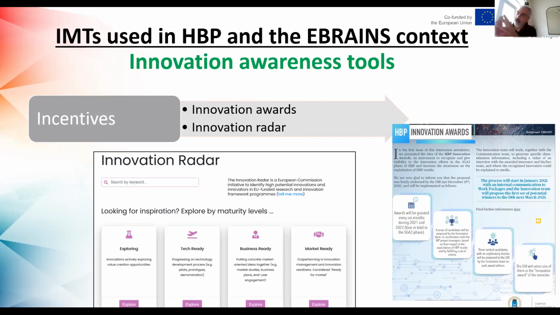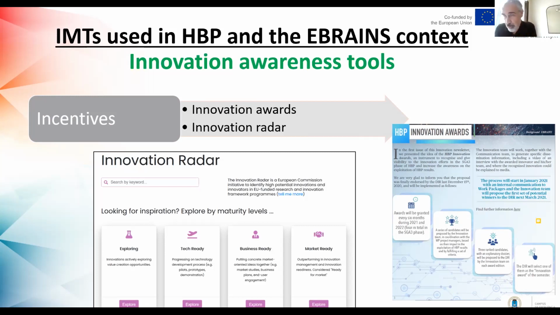Another kind of incentive that we have in HBP, not only in HBP, is the Innovation Radar. It is not an HBP initiative, it's a European Commission initiative. Innovation Radar tries to publish and inform different investors and everybody around innovation in Europe about the different results that are emerging from the different Commission projects.